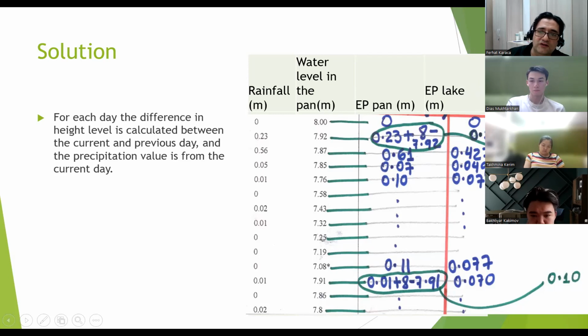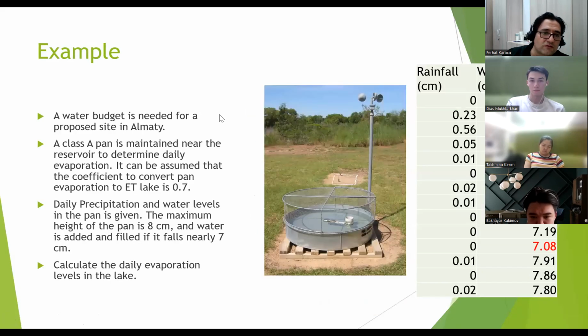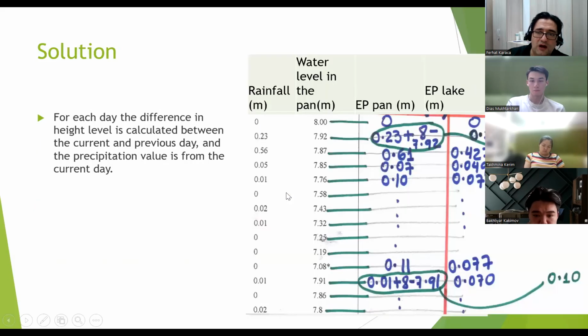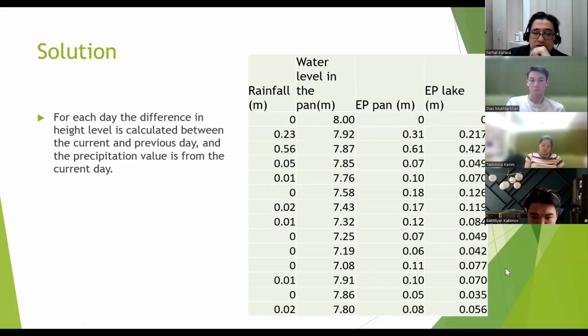You are going to multiply this value with, what was the value? 0.7. If you multiply the pan evaporation values with 0.7, then you are going to find the evaporation values for the lake. So simply, this is the ending table, and this is the solution of the problem.